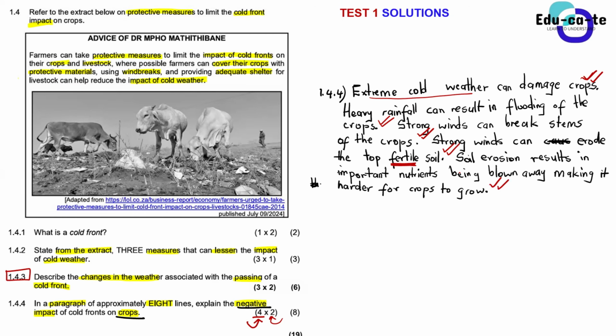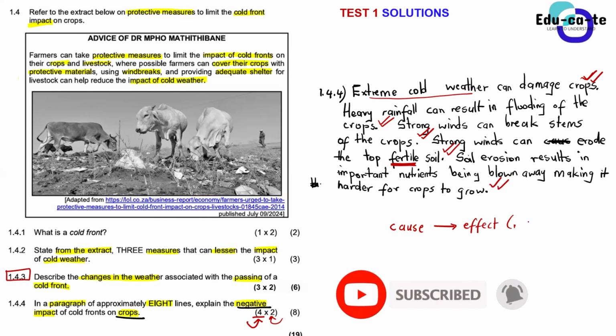But remember guys, when they say a paragraph of 8 lines, they don't really require you to write 8 lines non-stop. They want 4 points for 2 marks each. And how do you do the 2 marks? You explain the cause, what is causing something, and you tell us the effect of that thing. The effect is just the result from that cause.